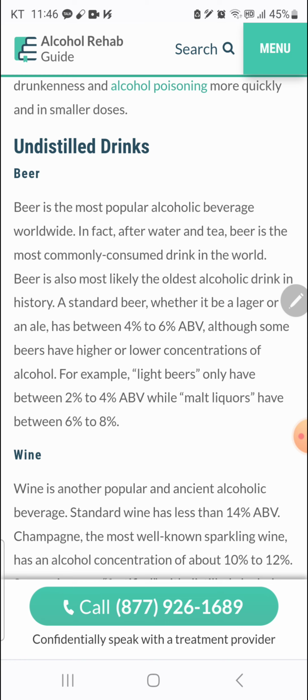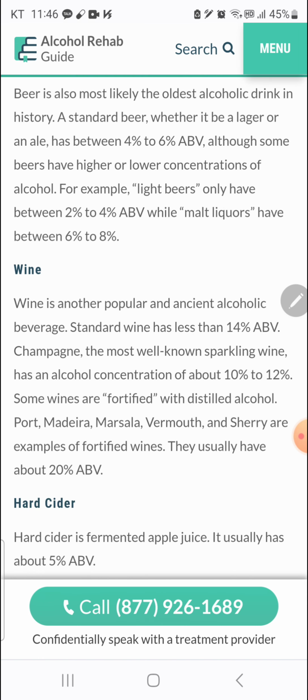Wine is another popular and ancient alcoholic beverage. Standard wine has less than 14% ABV. Champagne, the most well-known sparkling wine, has an alcohol concentration of about 10% to 12%.